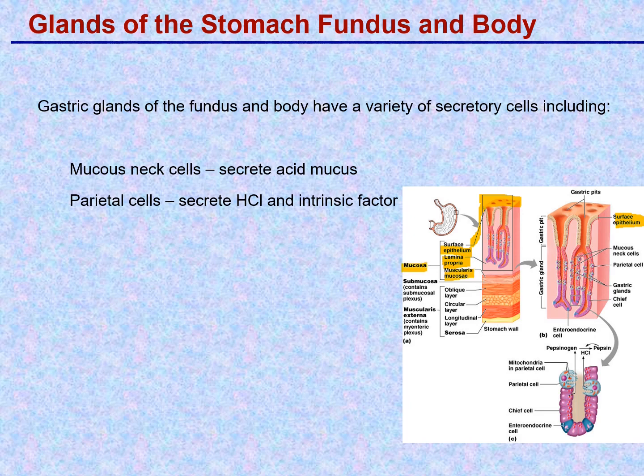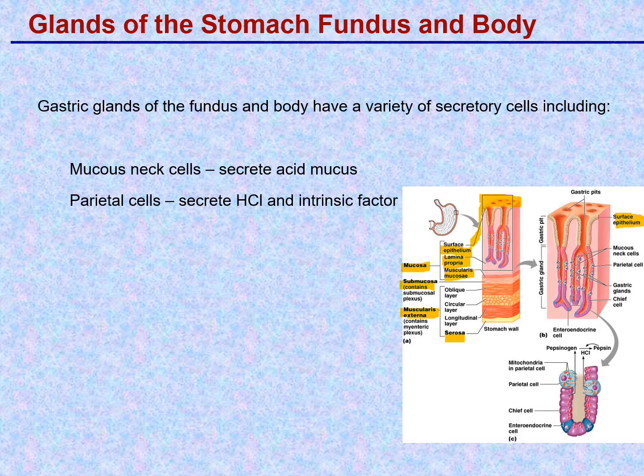All of that forms the mucosal layer, the innermost layer of the stomach. And remember, beneath that you have a submucosa, and then beneath that you have the muscularis externa, which in this case has 3 muscle layers. And of course outside of that you have the serosa.